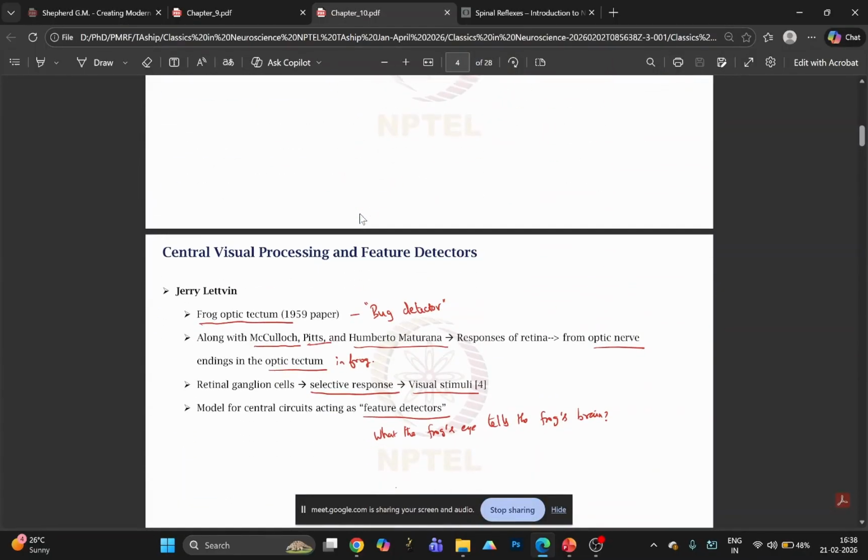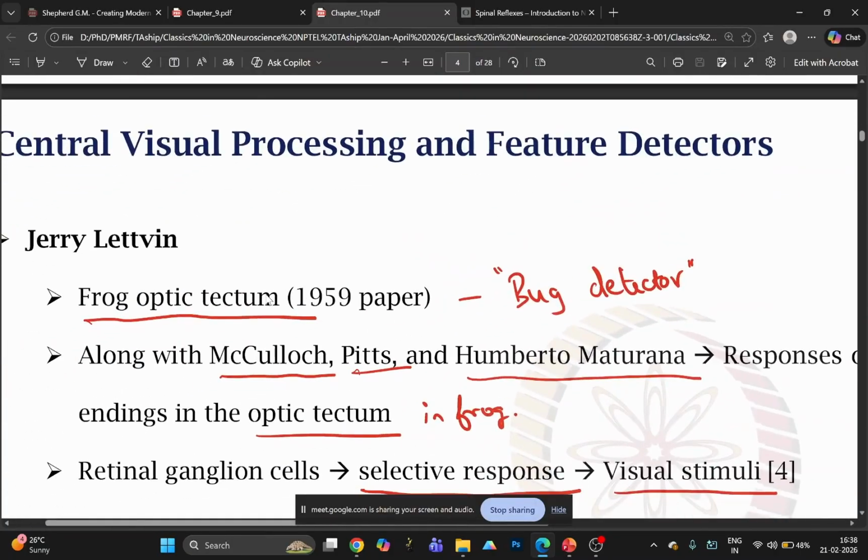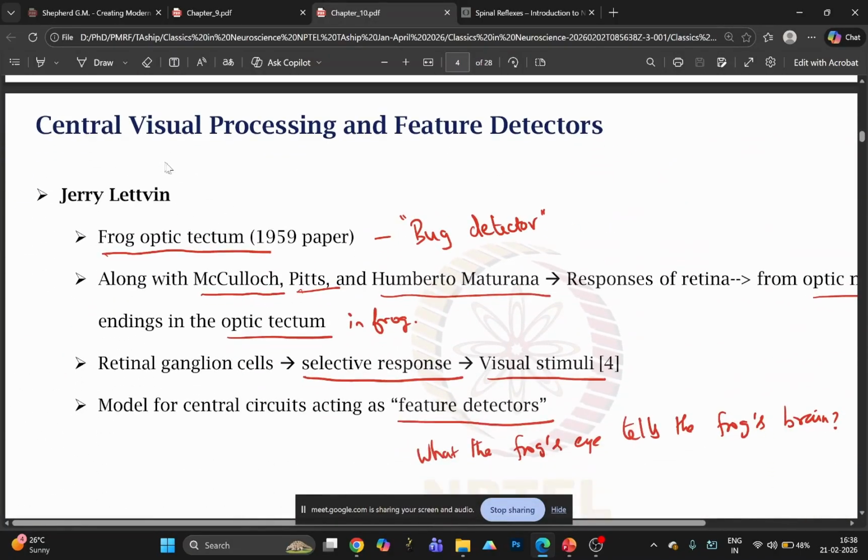Jerry Lettvin. Yeah. So, we had discussed Hartline's work on the retina. We discussed the fact that people were trying to understand different regions of the cortex, right? Because the cortex has systems that are responsible for somatosensory function, there are somatosensory centers, there are motor centers, and so on.